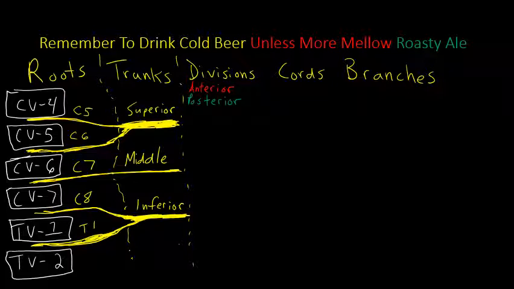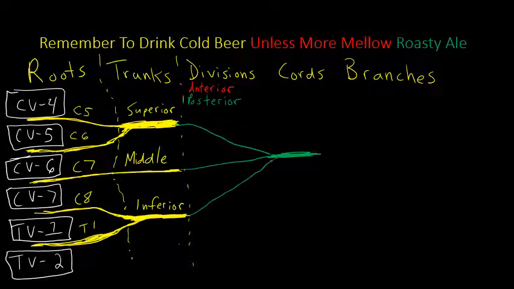And so the 3 posterior divisions are all going to come together in order to form what's known as the posterior cord of the brachial plexus.